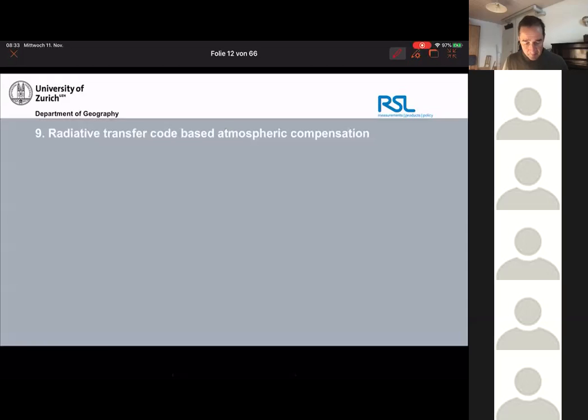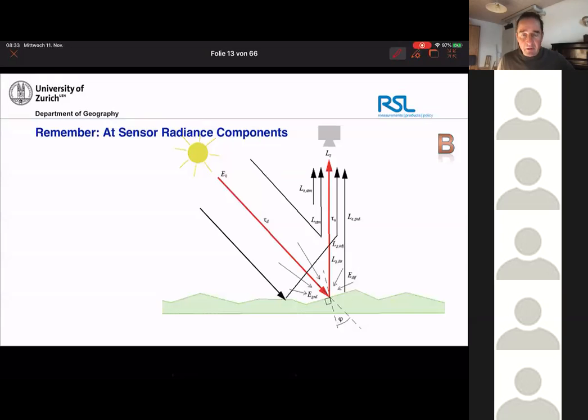So much about that. Now let's go into the radiative transfer-based atmospheric corrections. You remember that one? I was talking about that one last time. And this is the radiative transfer components.